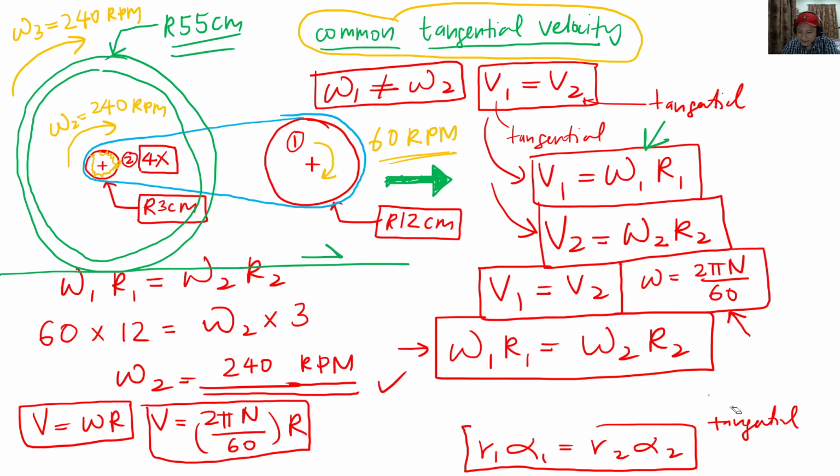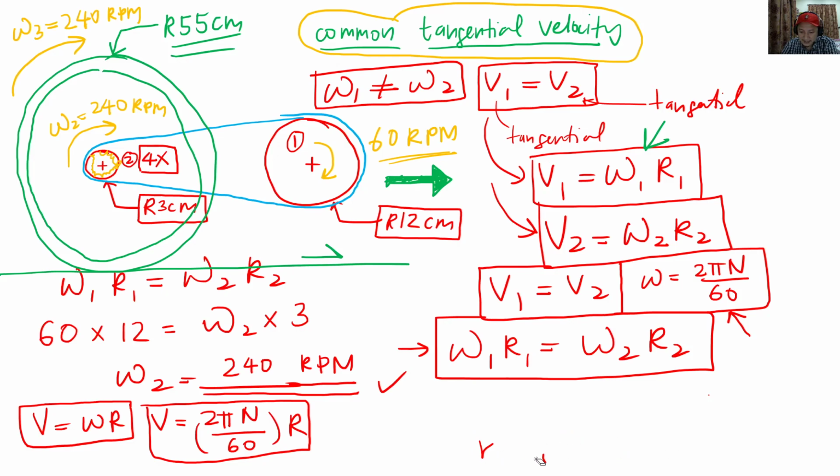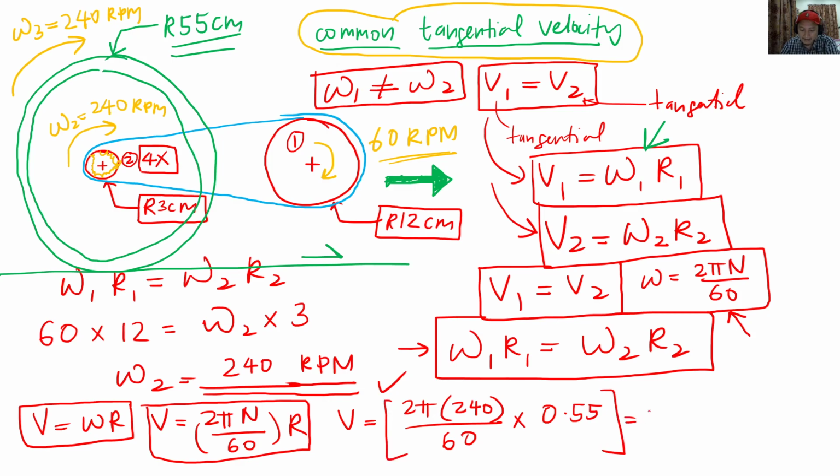Let me rub a few things off, and we can settle this. So velocity is 2 pi, RPM 240 over 60. Radius of the bike wheel is 0.55 meter. So what do you get? 2 pi times 240 divided by 60 times 0.55, 13.82.